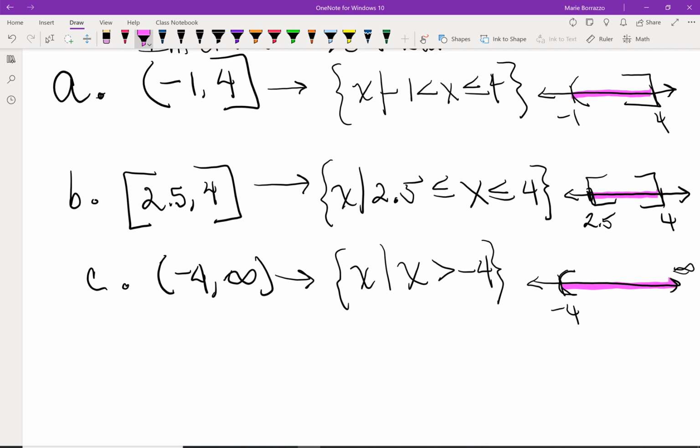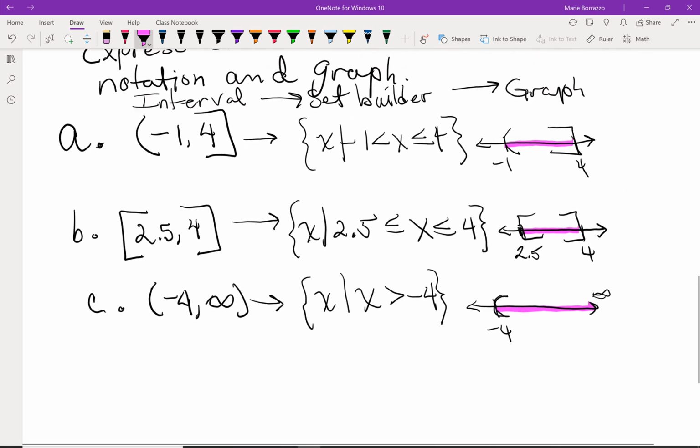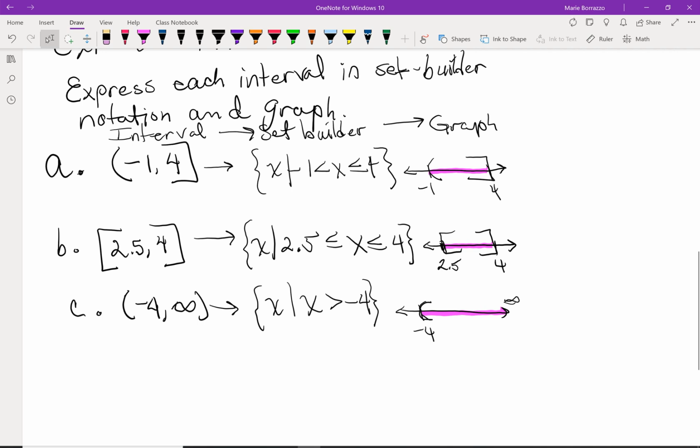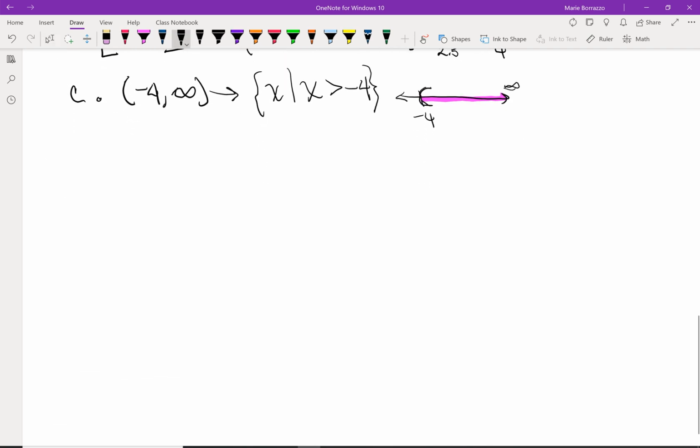All right. So I think you should be good with this example. If by chance you want another example, let me at least give you the set builder notation part of the try. Go ahead and try this example. So we'll call this D. Go ahead and graph this interval notation. Give me the set builder notation and the graph.